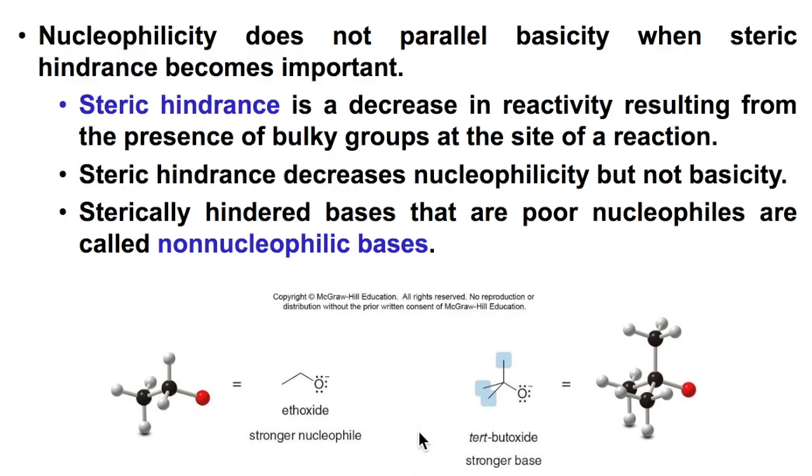Both of them have negative charges and they are electron rich, which means that potentially they could be good nucleophiles. However, this molecule right here, the tert-butoxide, has a lot of steric hindrance, and when that happens there will be a decrease in the reactivity of this molecule as a nucleophile. Let me try to explain why.